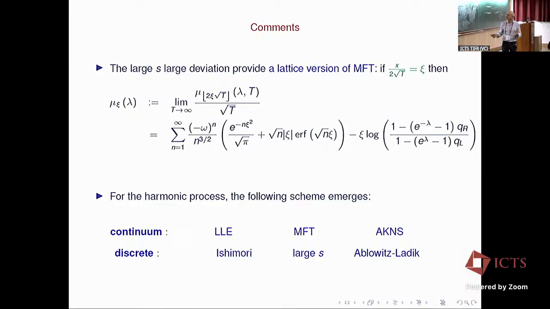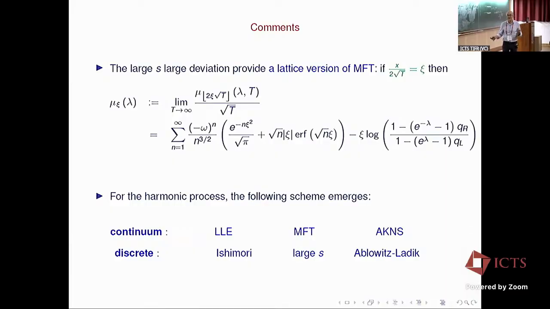In spin variable, this is LLE. And by this transformation identified by Chiron, Tomohiro, and I don't remember the third author, you can map it to the Aiken-S system. So for the harmonic process that I discussed, this large deviation principle of MFT is replaced by this spin large deviation principle.